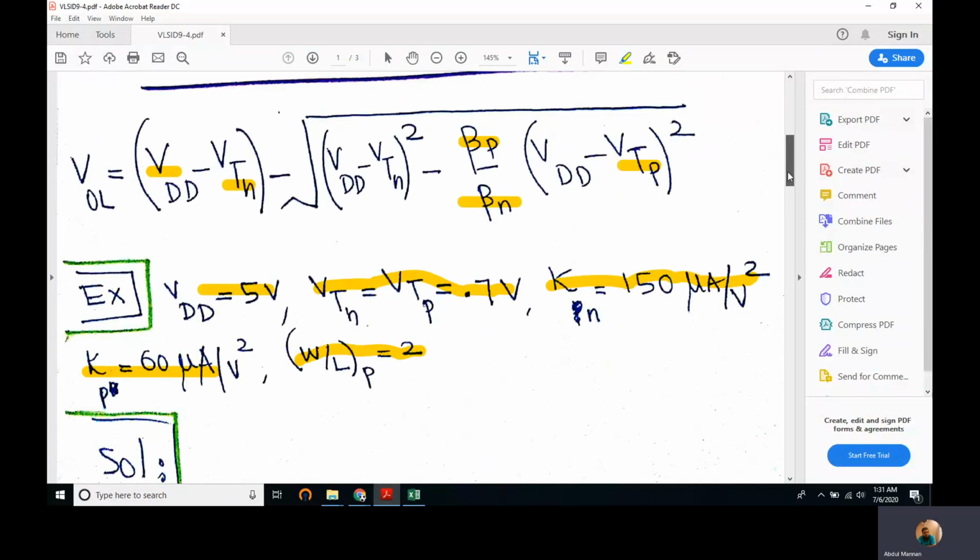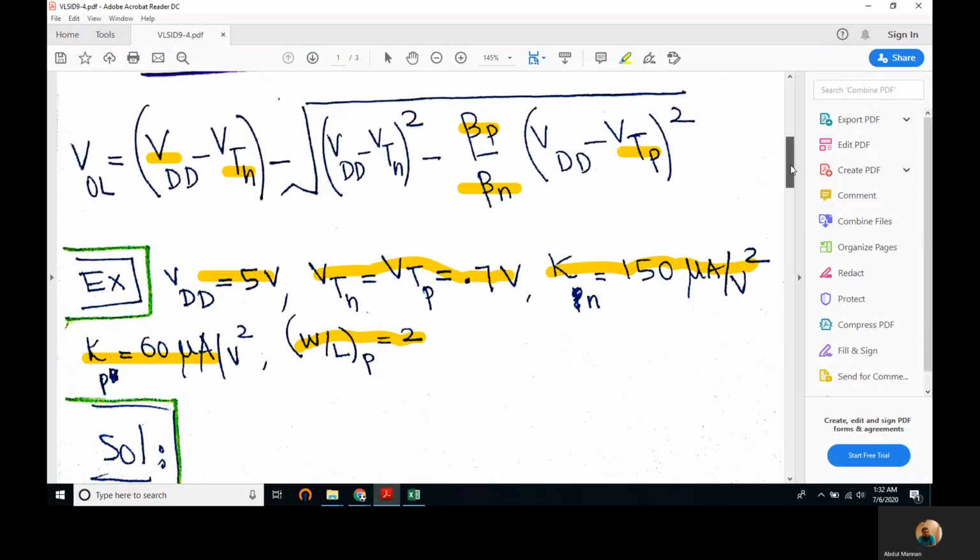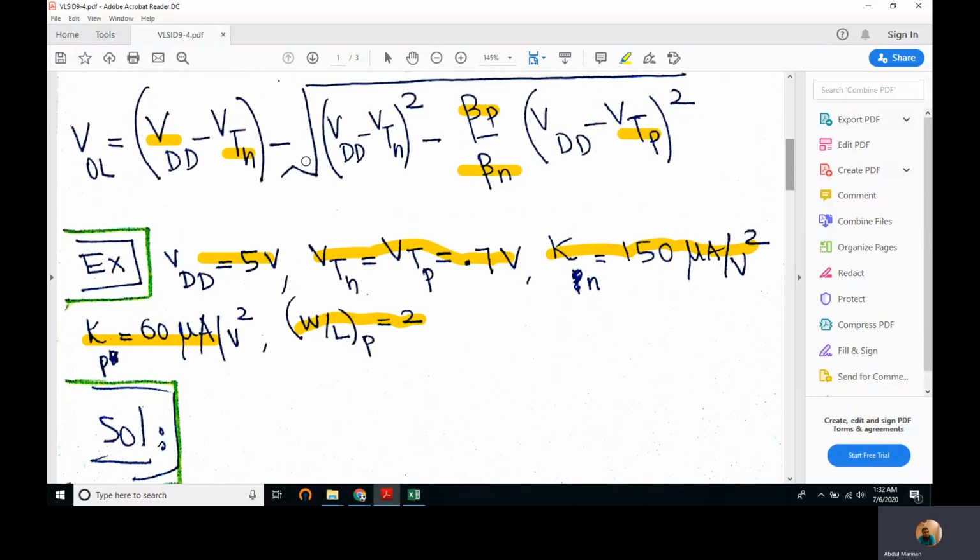So we have only one unknown, that is the aspect ratio of N, which is a part of beta N. Beta N is kappa N times aspect ratio of N. In this equation we have kept everything else constant and will vary the aspect ratio of N, and then we'll see what is the effect of that on VOL.